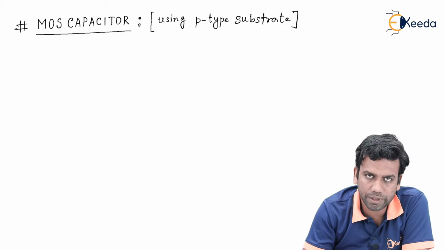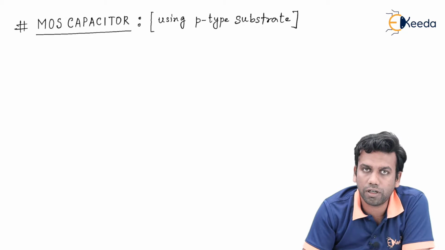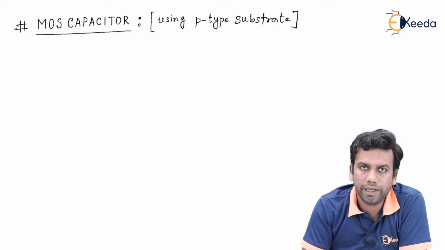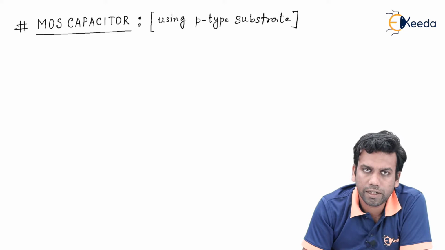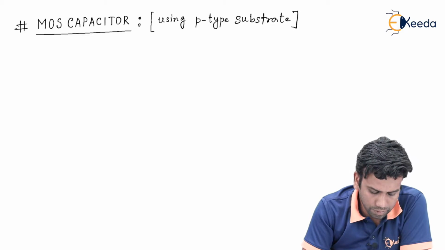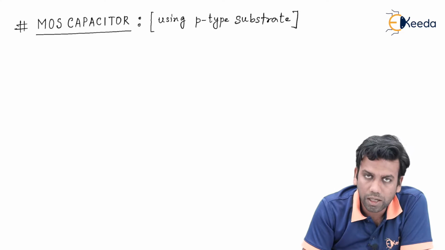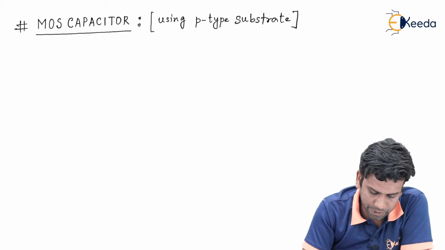If the MOS capacitor is fabricated using p-type material or p-type substrate, then it is called a MOS capacitor using p-type substrate. This MOS capacitor can also be fabricated using an n-type substrate, and then it is called an n-type substrate MOS capacitor. So now we are going to investigate the p-type substrate MOS capacitor.